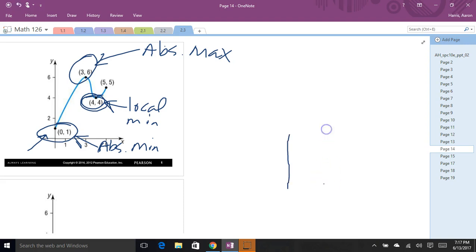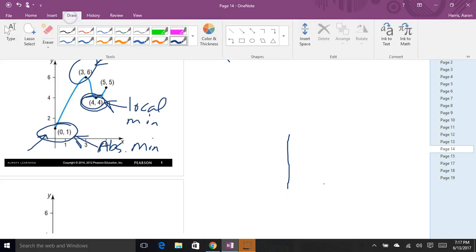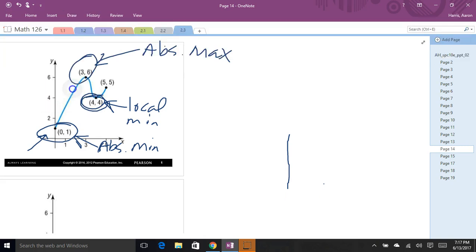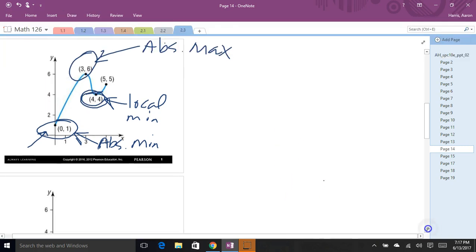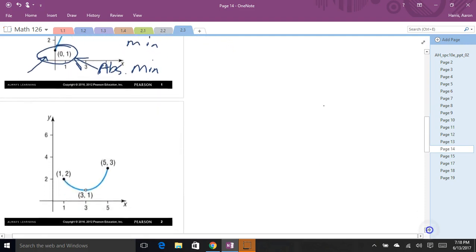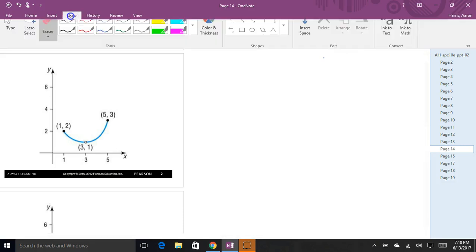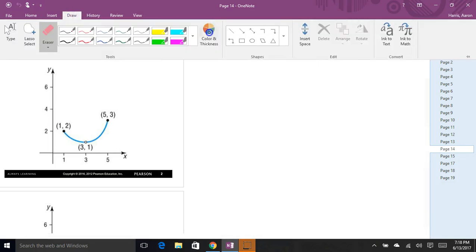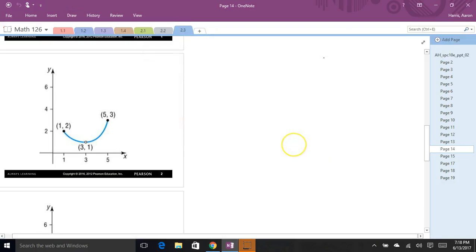Let's keep moving this down here. There we go. Now notice this one. You see that 3, 1 right there? You might think, is that a local or an absolute min?